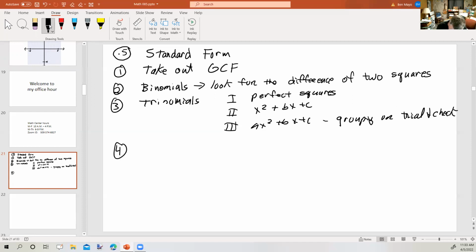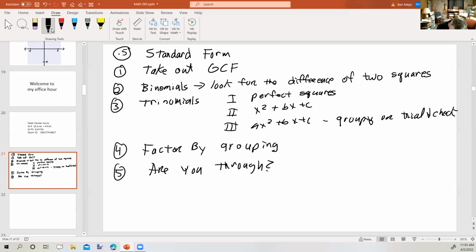Item number 4 is factor by grouping. Item number 5, wait, I was wrong. Item number 5 is, are you through? And then item number 6 is check your work.